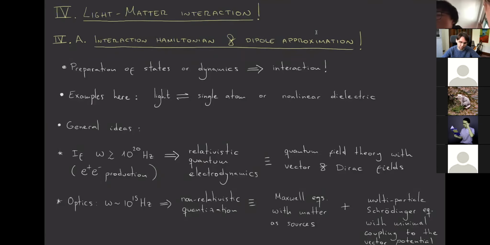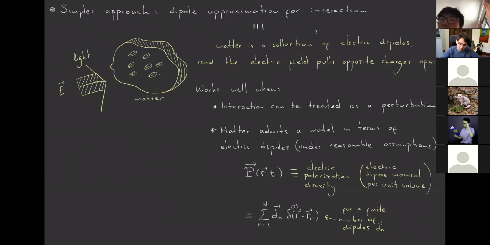We can do something even simpler, at least whenever the interaction can be treated as a perturbation, and whenever matter admits a model in terms of some kind of fundamental electric dipoles.